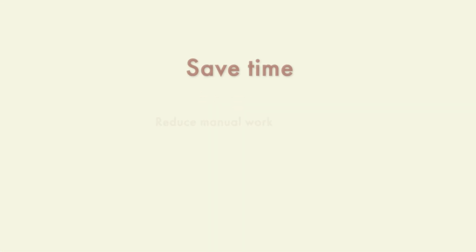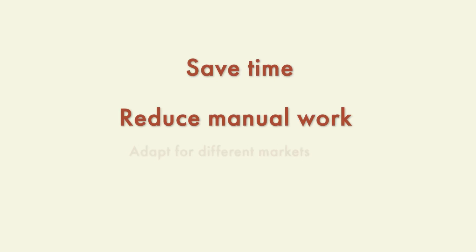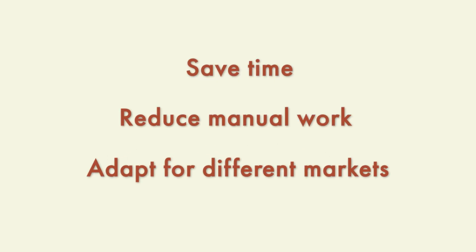You don't just learn how to design a catalog, you learn how to build a system that saves time, reduces manual work, and allows you to adapt your portfolio for different markets.